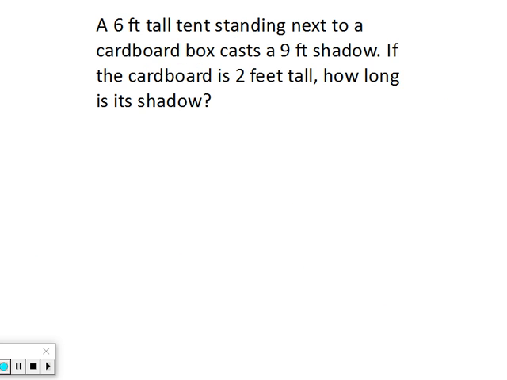Okay. 6 feet tall, standing next to a cardboard box, casts a 9 feet shadow. I'm sorry, 9. So I have a tent, and the height of it is 6 feet. And it has a shadow, so this is how high it is.